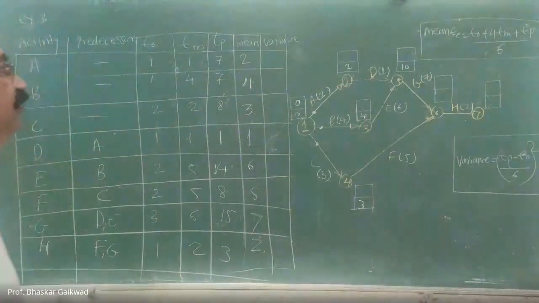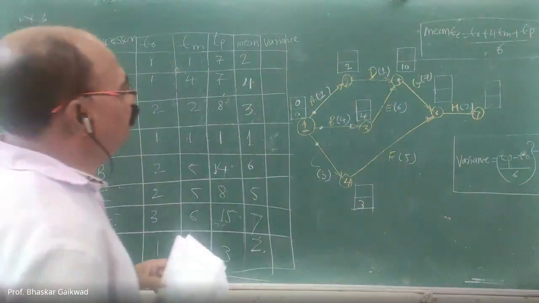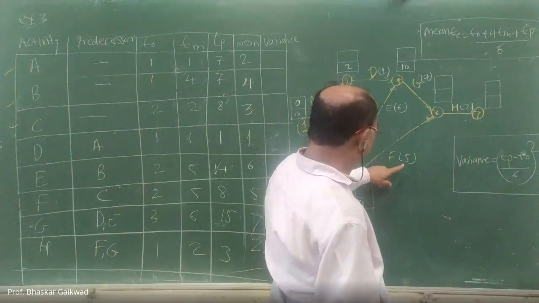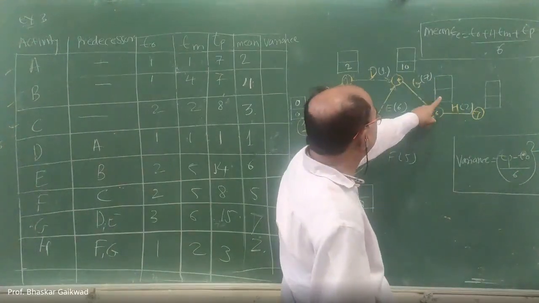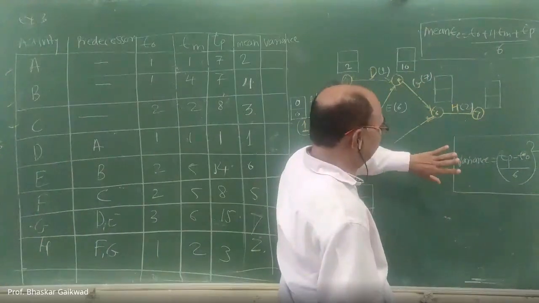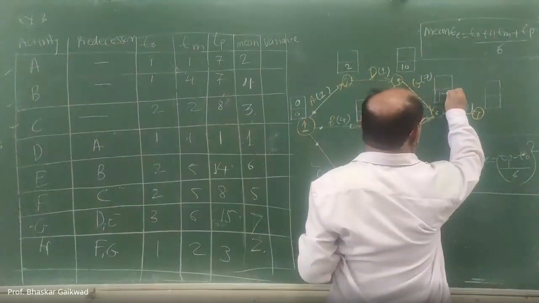So 5 activities over, then you come to the next, that is 6. 6 activity, again 2 are there. Out of these 2 activities, which is the maximum? 5 plus 3, 8. And 10 plus 7, 17. So 17 is maximum. So here you can write 17.